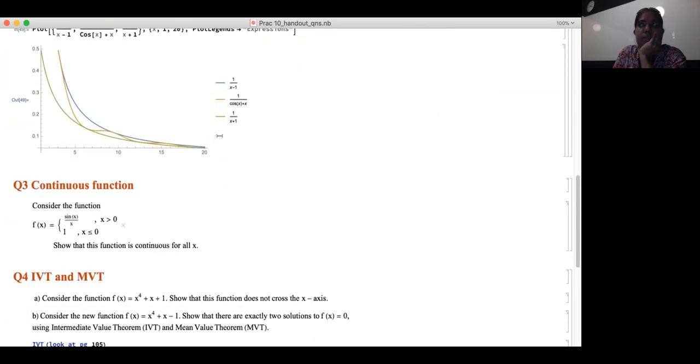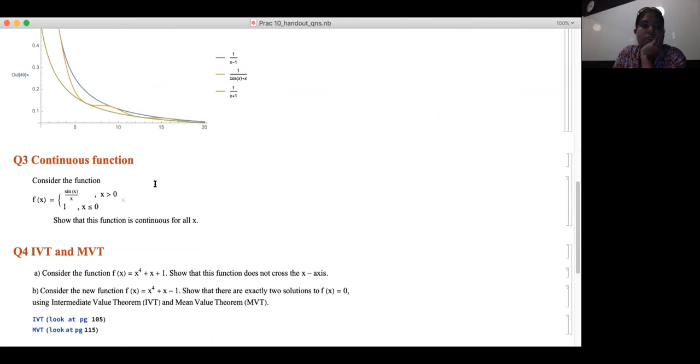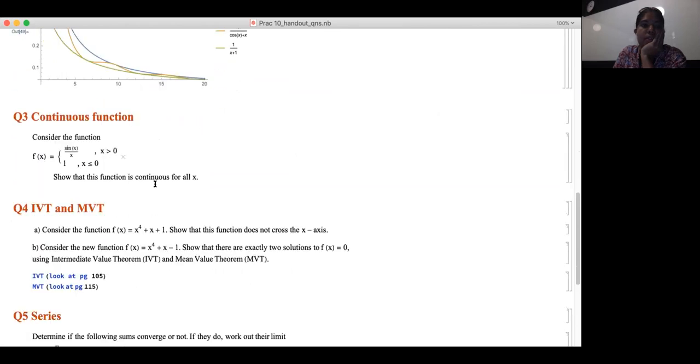All right, let's go to question 3. Continuous functions. Consider the function sine x over x when x is positive, and 1 when x is less than or equal to 0. Show that this function is continuous for all x.